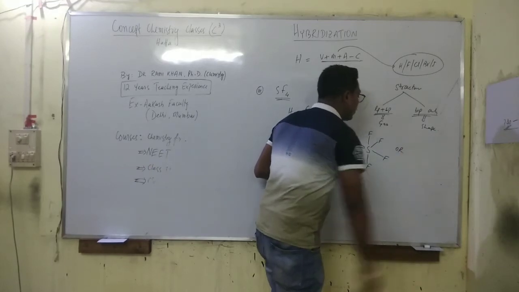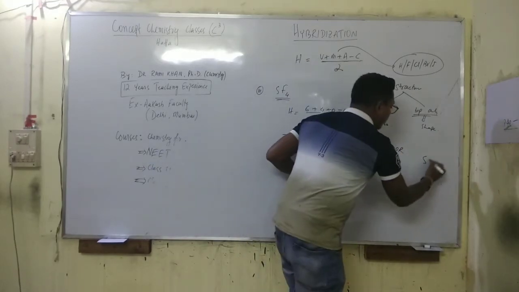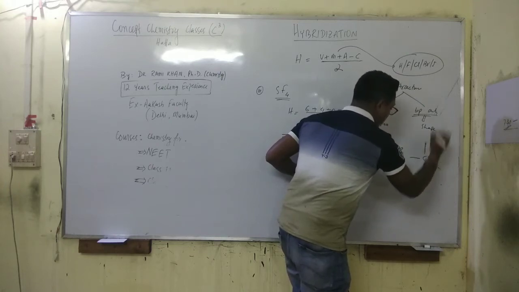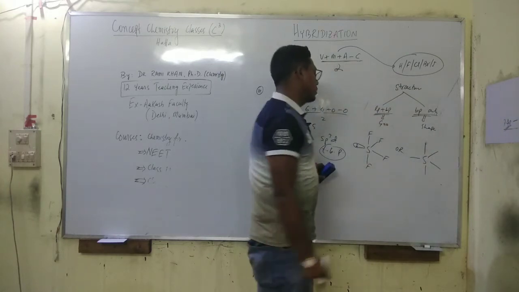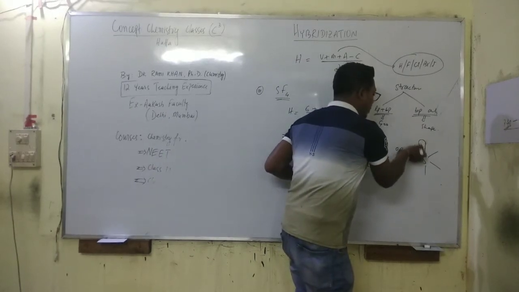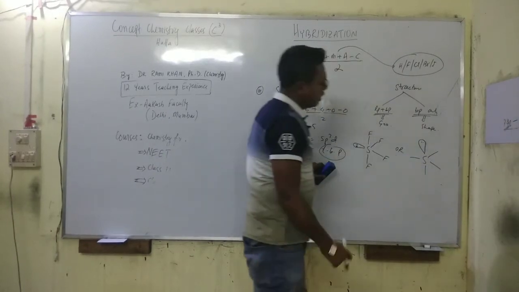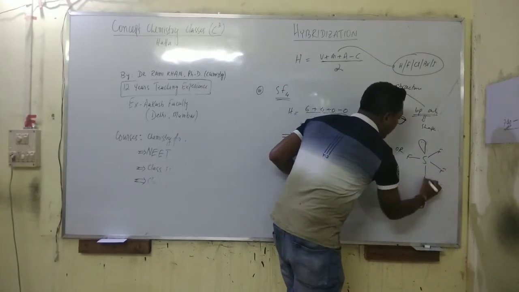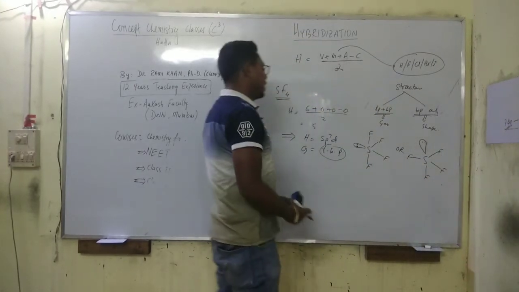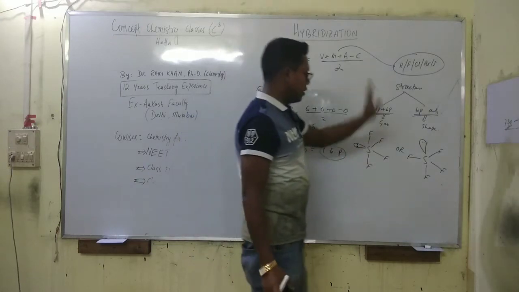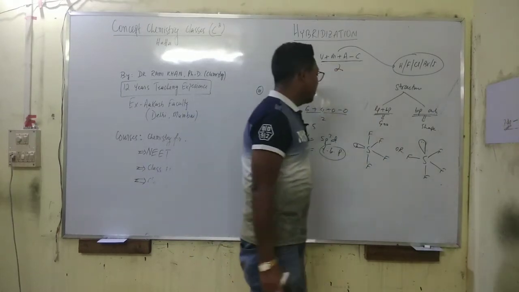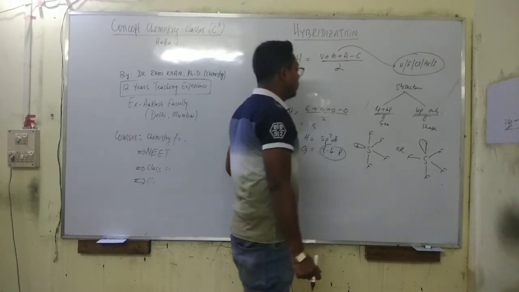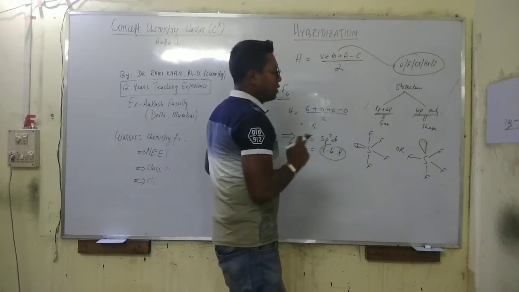Another possibility is sulfur as the central atom, trigonal bipyramidal, and in this case let us keep the lone pair at the axial position, and this will be occupied by fluorine atoms. Now let us check which structure is the correct structure of SF4. For that we need to check the repulsions.